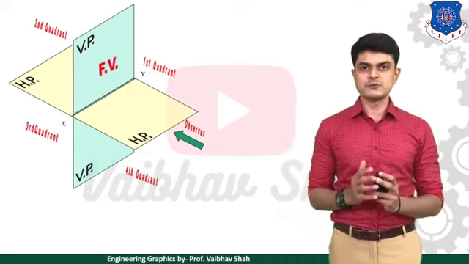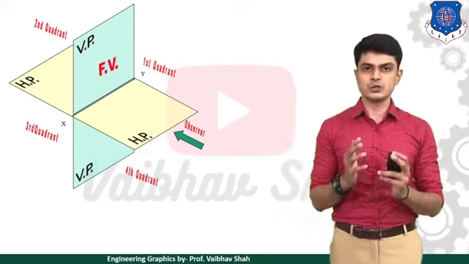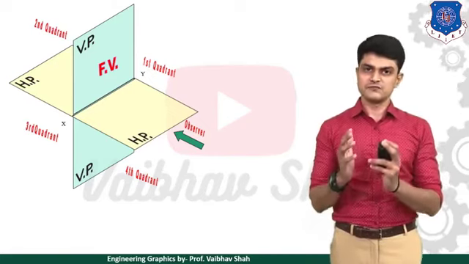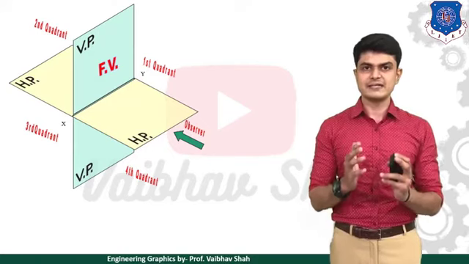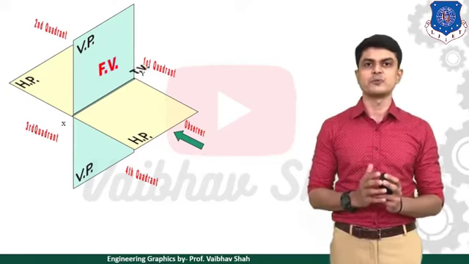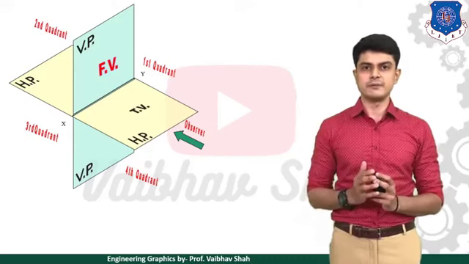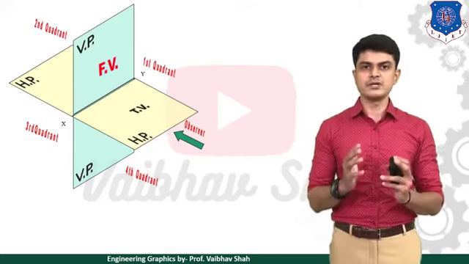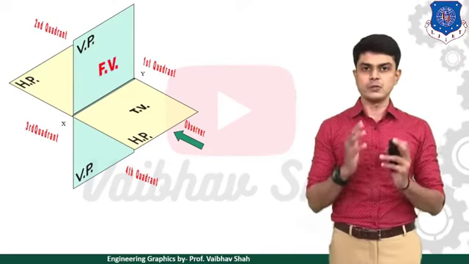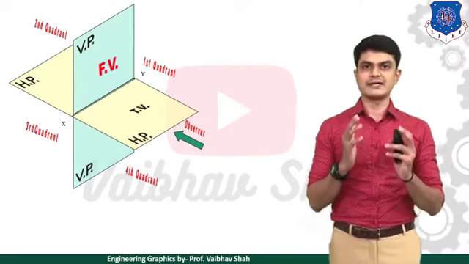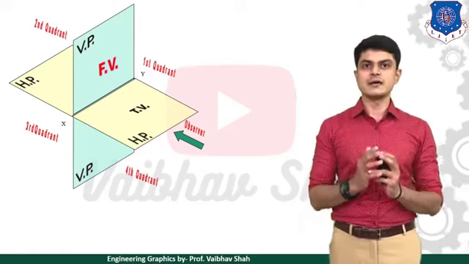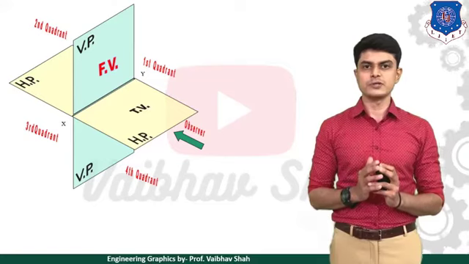Now suppose we take the top view from the top direction, with our object placed in the first quadrant itself. Then we have its top view projected on the horizontal plane. So always remember, whenever you take the front view, it always lies on your vertical plane, and whenever you take the top view, it always lies on your horizontal plane.